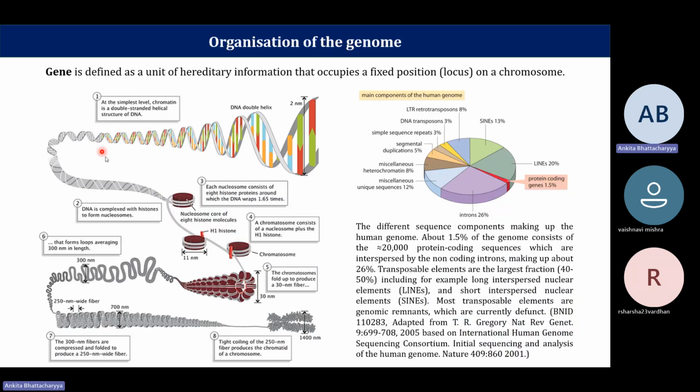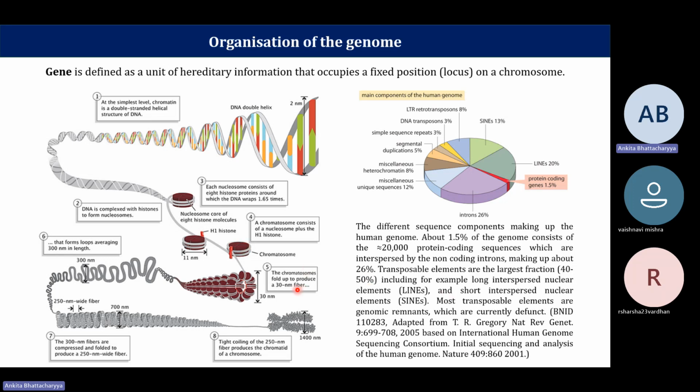Then we understood the key definition of a gene, how it occupies a position on the chromosome. We understood the organization of the DNA within the cell, how its compaction is carried out from the 2 nanometer wide DNA double helix through the formation of a nucleosome by interaction with histone octamers around which DNA binds 1.865 times, following which there is a stopper-like H1 histone, which forms the chromatosome.